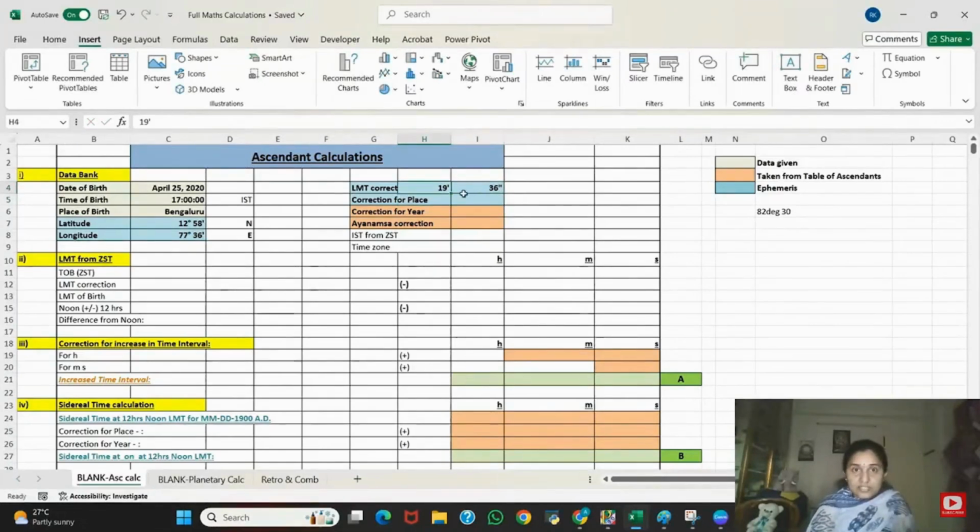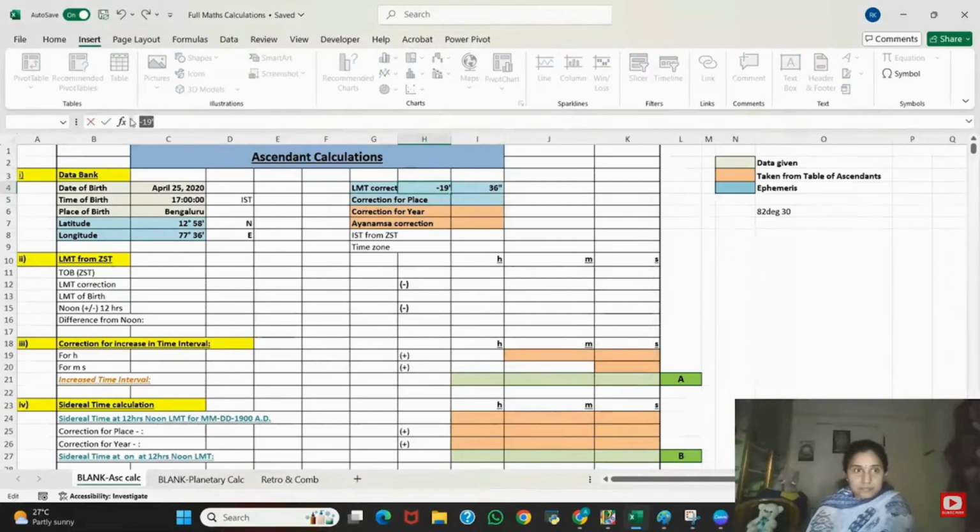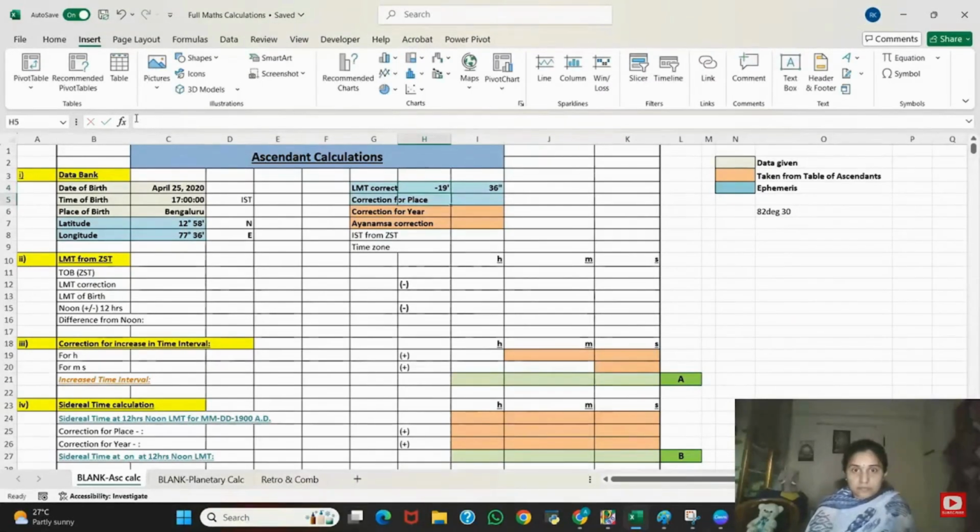Next it is minus. This is one thing we need to note: it is minus, because we are lagging behind. Because we are behind it, we have it as minus 19 minutes 36 seconds. And for correction of place, that is the amount of correction, we have it as 0 minutes 2 seconds.